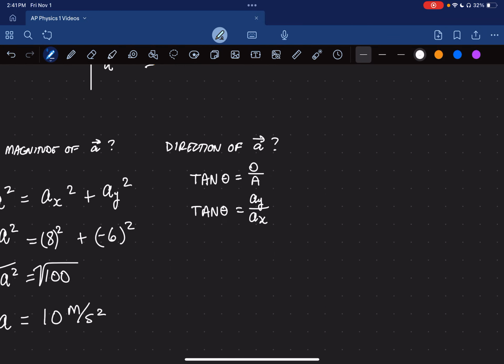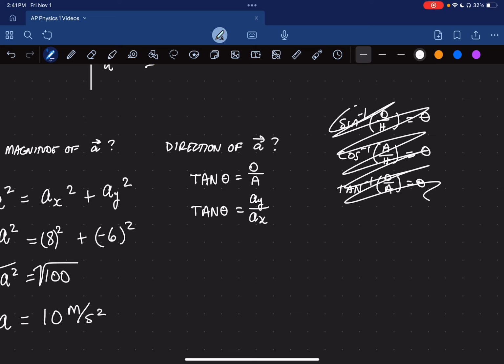Here, theta is essentially isolated, but we just need to get rid of the tangent. And so that's tangent inverse, or arctangent. And what I remember is that sine -1 of opposite over hypotenuse, and cosine -1 of adjacent over hypotenuse, and tangent -1 of opposite over adjacent gives you an angle. These will give you an angle.